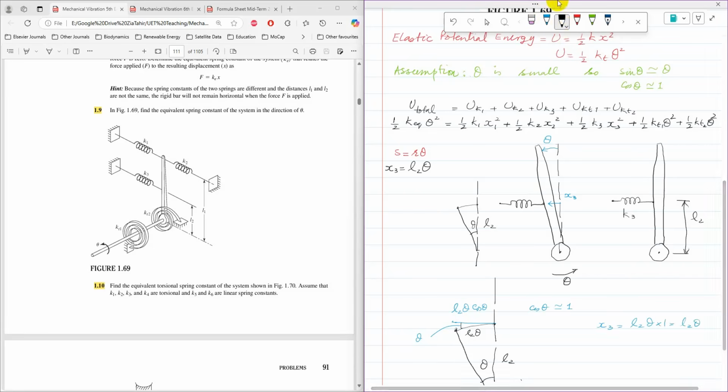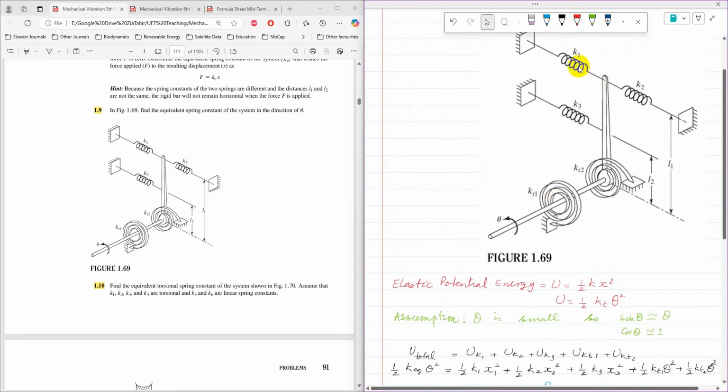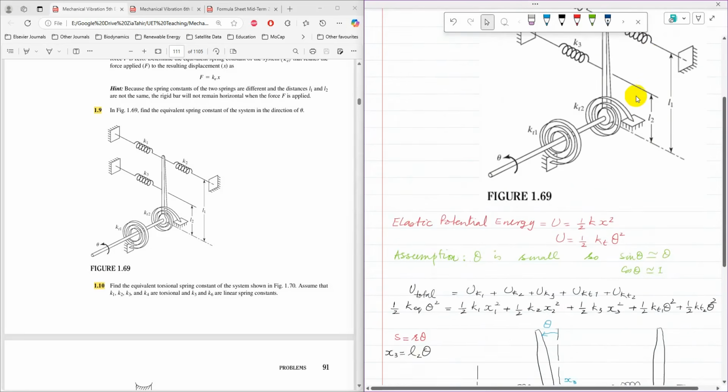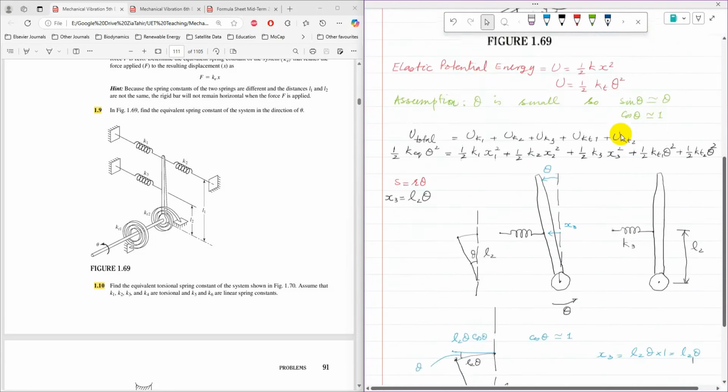With a similar sort of assumption, x1 will become L1 into the same angle theta, and for K2, x2 is equal to L1 into theta.